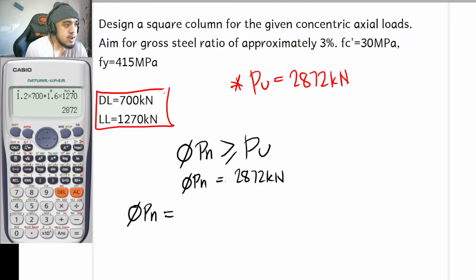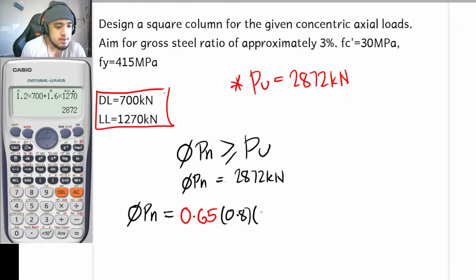If it is laterally tied, our value for phi for laterally tied concentric columns is equal to 0.65. As for the value for your Pn, it is equal to 0.8 times 0.85 f'c times the area of the concrete, and the area of the concrete is equal to the gross sectional area of the whole section minus the area of the steel.